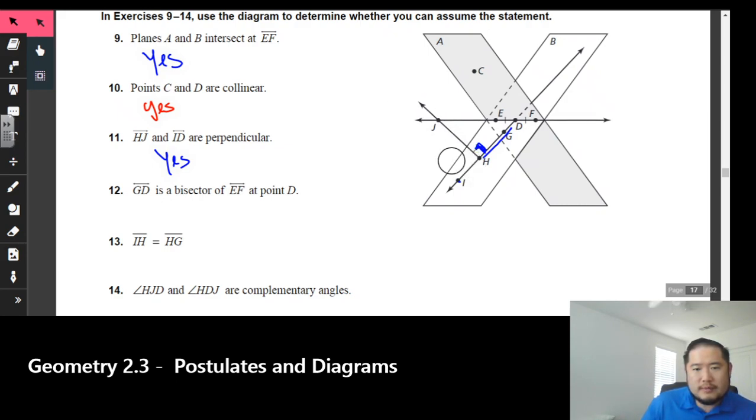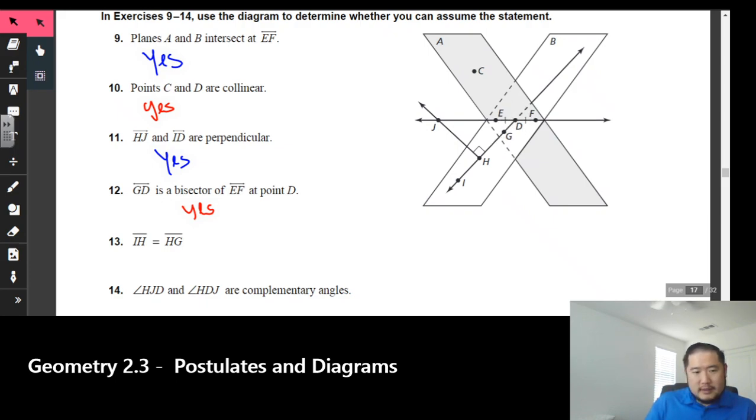Okay, important. Number 12, line GD is a bisector of EF at point D. If I look at EF, point D, I see the little symbols right there telling me that those are 2 congruent segments. So that right there would be yes.